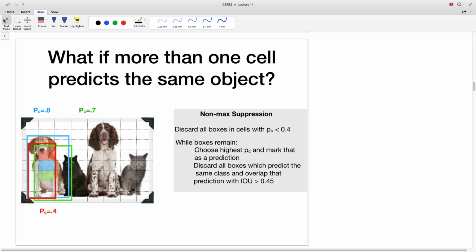So the matching does not limit only one anchor box to match to a particular ground truth object, right? More than one cell, like for instance, here, we might have, now I'm taking some liberties here, right? Because these are tiny cells, and according to my rule we just had, we don't have a large overlap. But just bear with me for a moment.